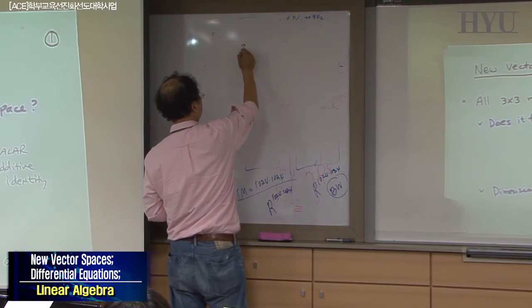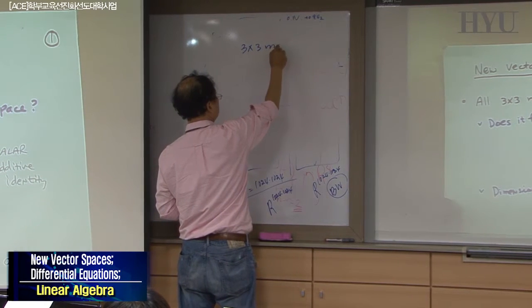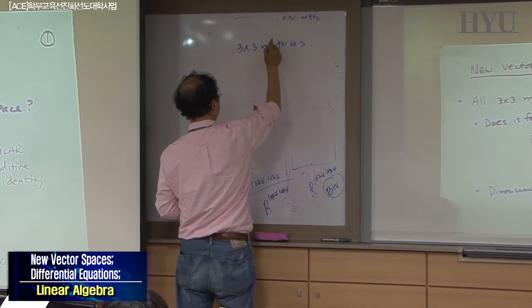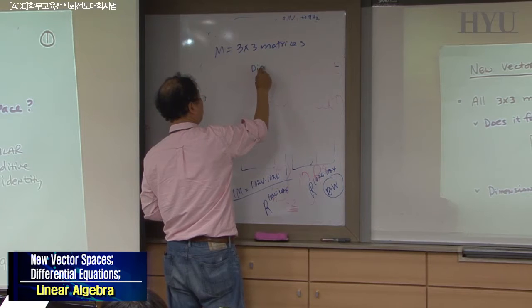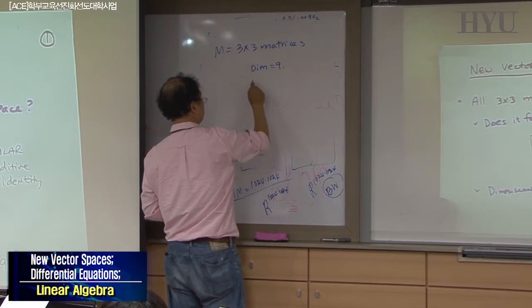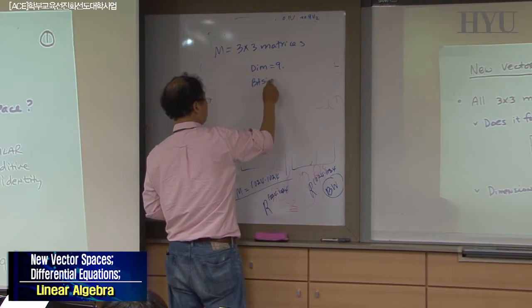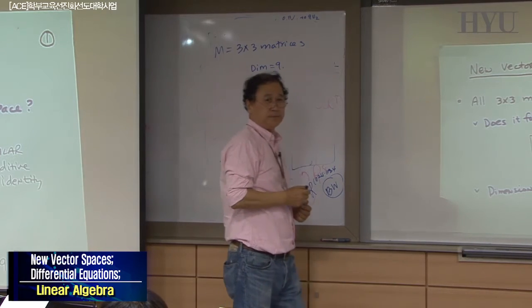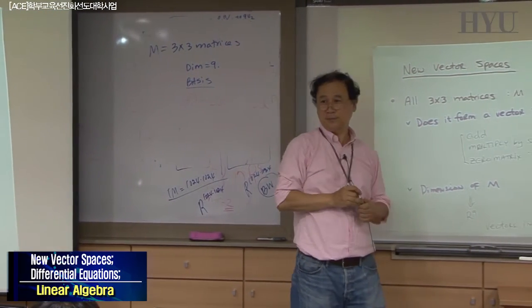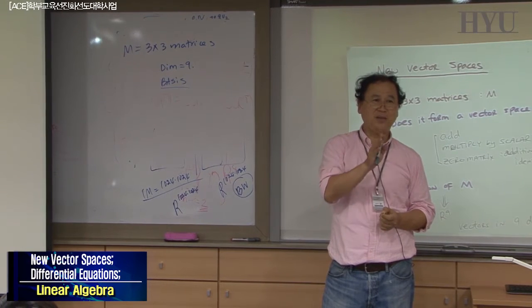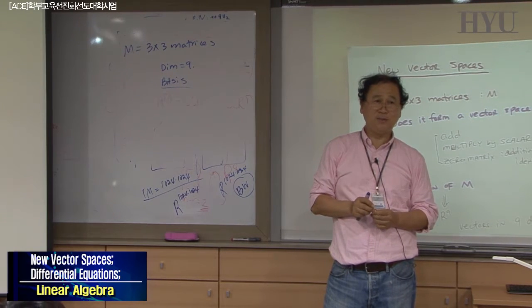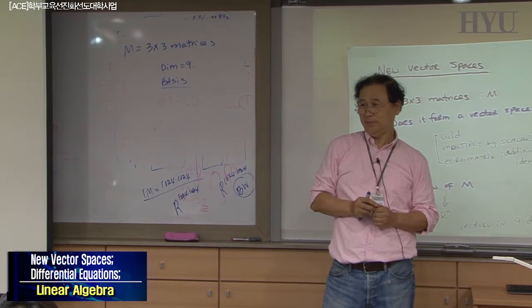Then, okay, 3 by 3 matrix. I call them M. I say, okay, dimension seems to be 9. Can you find the basis? Nine dimensions, you need 9 bases, right? Can you find them?